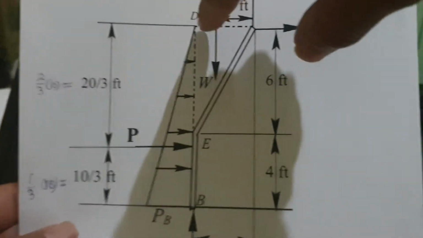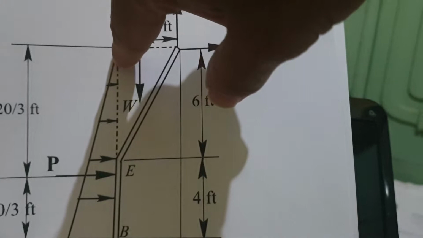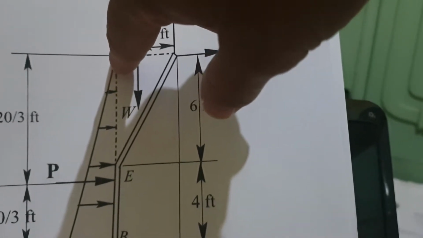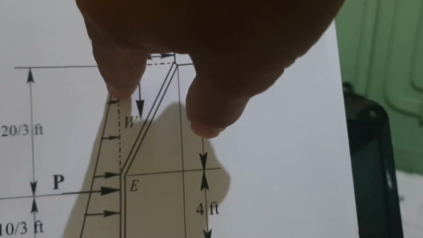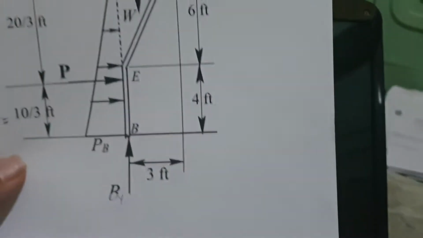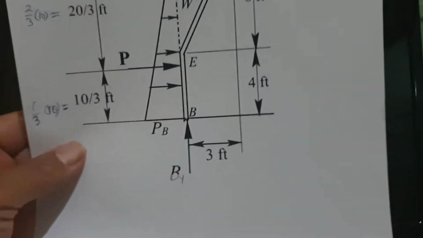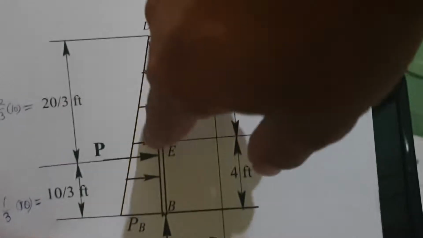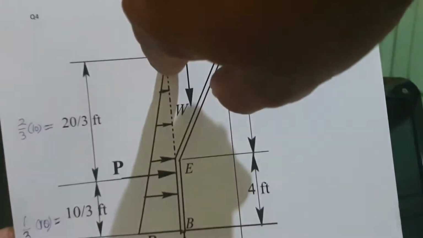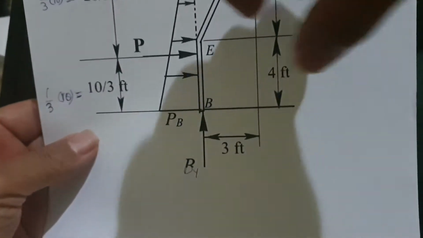So you'd expect at the top of the water, the pressure is atmospheric, not that much pressure, zero. And every time you swim down, the pressure will increase to a maximum pressure at point B. So this pressure is a triangle, 0 to a maximum pressure B.